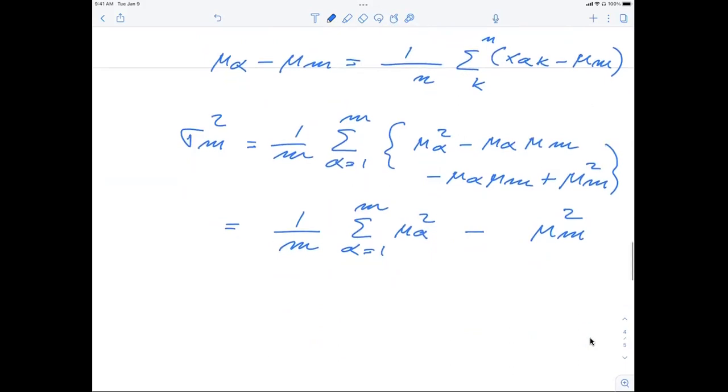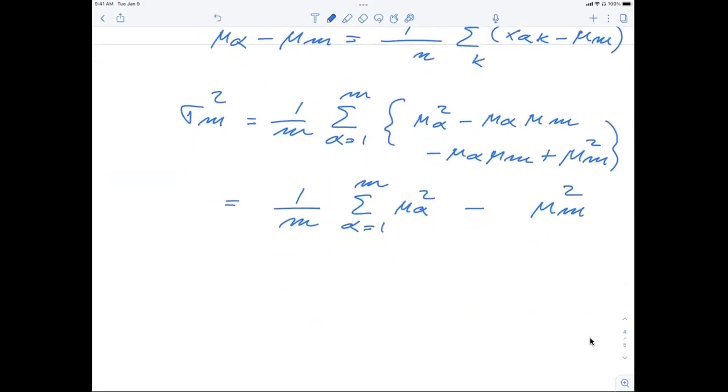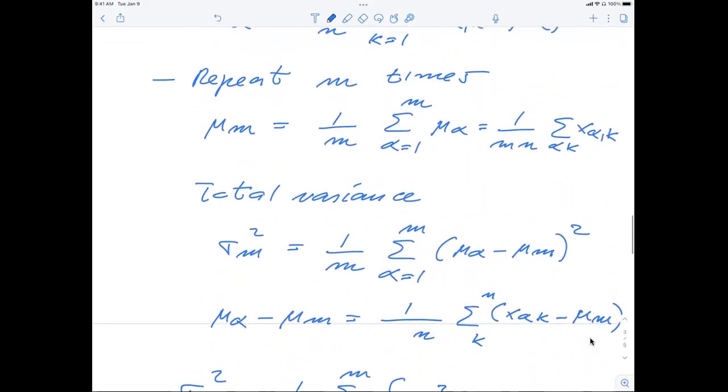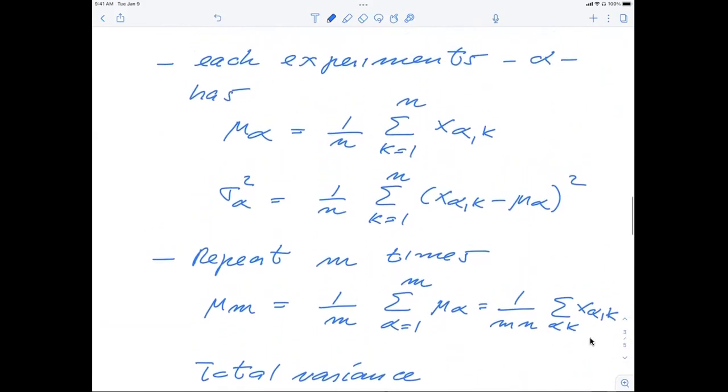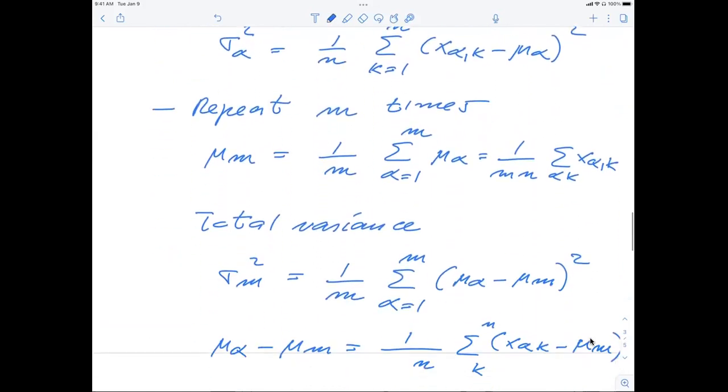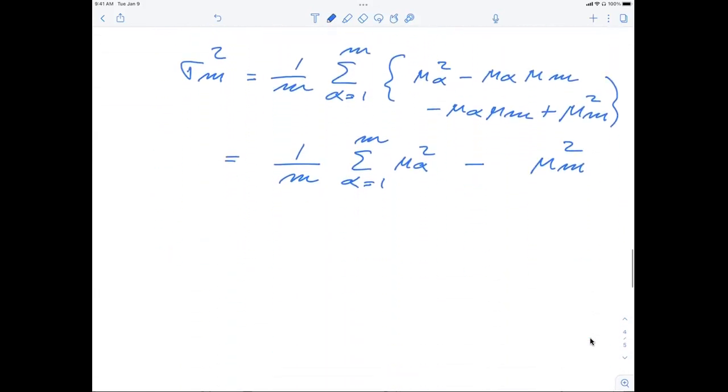Then I can plug back the expressions for mu of alpha. If I go back and look at the definition for mu of alpha, what I'm going to plug in is simply this term here. And since this is squared, I have to plug in two double sums. So this means that what I'm having now is going to be given by 1 over m, with a loop alpha equal to 1 up to m.